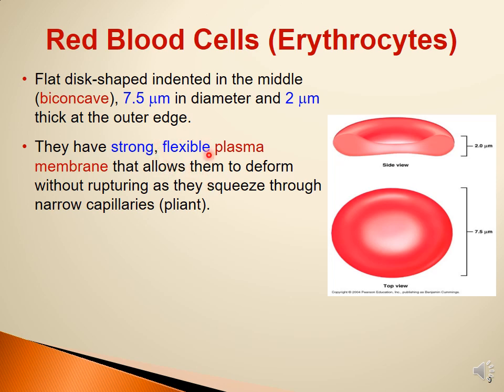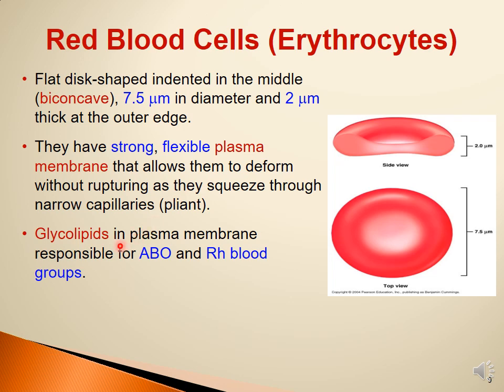As the red blood cells advance in age, the flexibility is lost, so their cell membrane becomes stiff, and that's why they become worn out, and phagocytosis will remove them from the circulation, as we'll see later on.